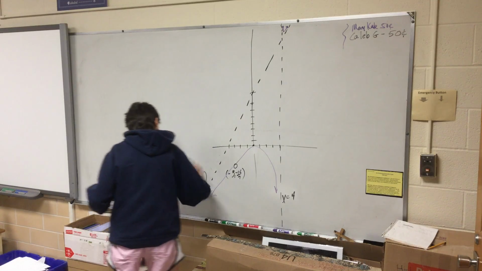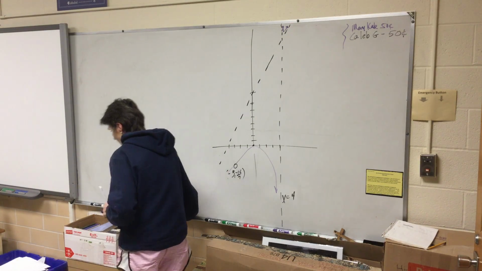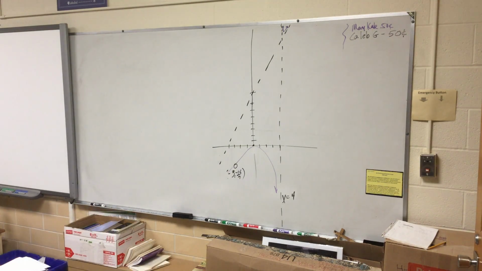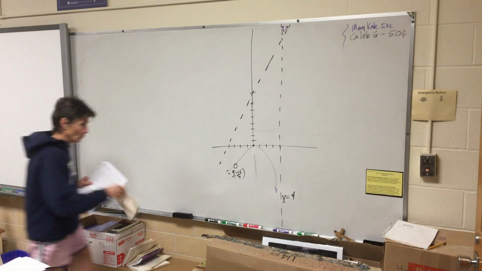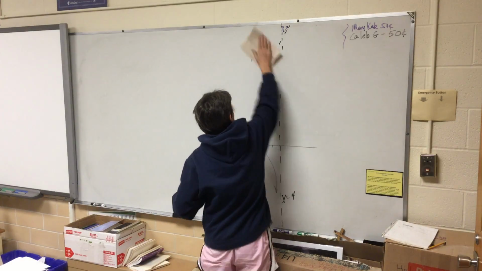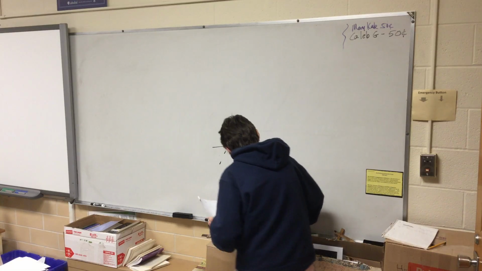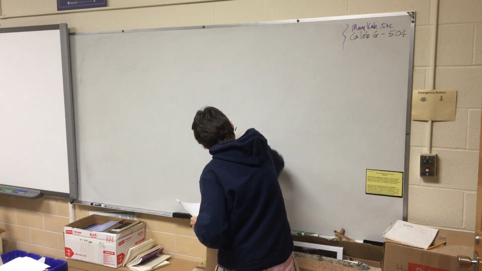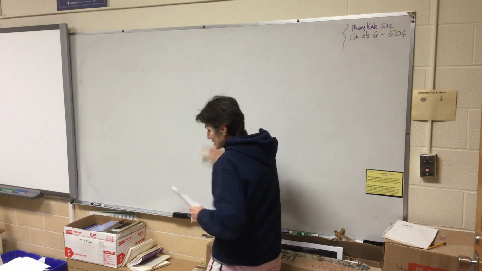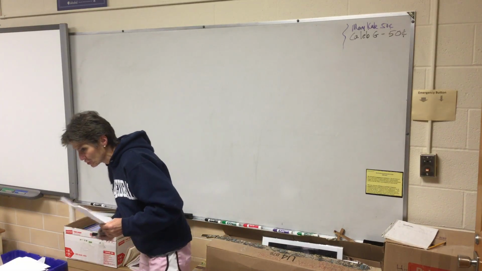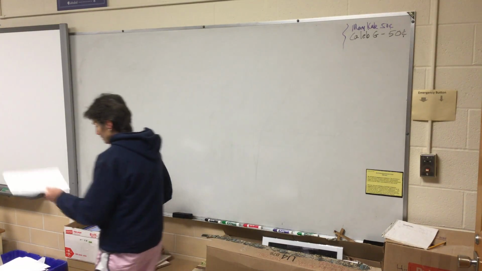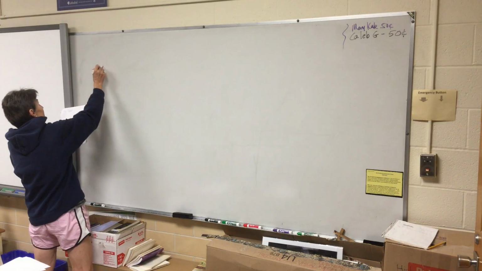So let's do that. So just a refresher about what we need to put into our picture. This problem is all about graphing. So what are some of the things that we have to put into our picture? Who remembers? Or look at what you already did.